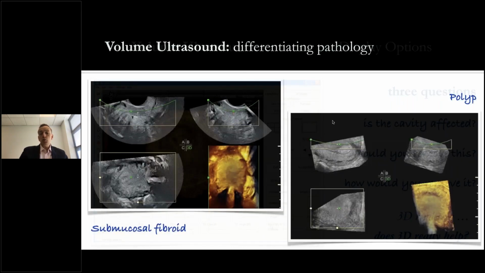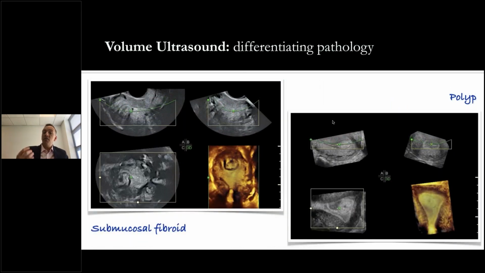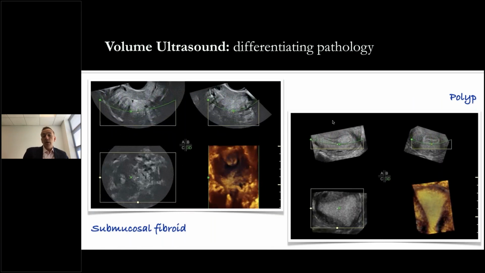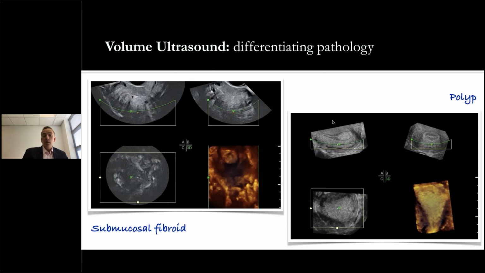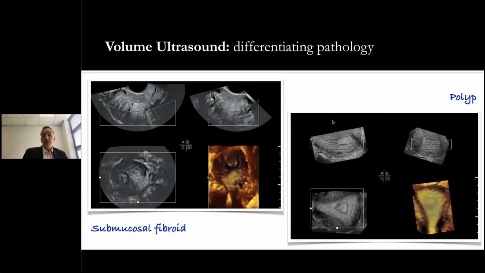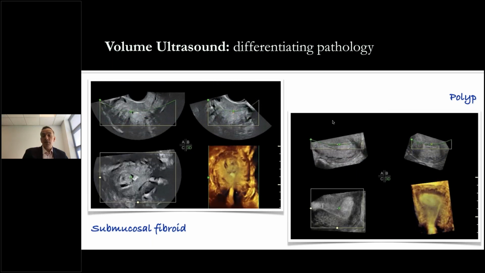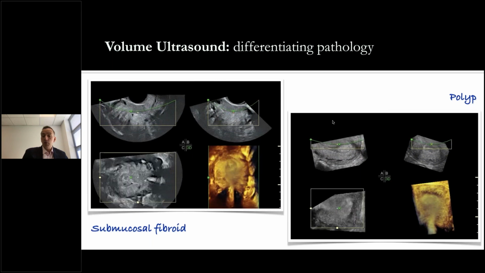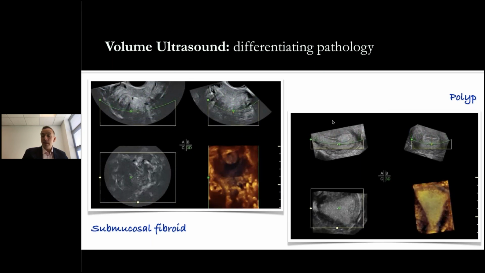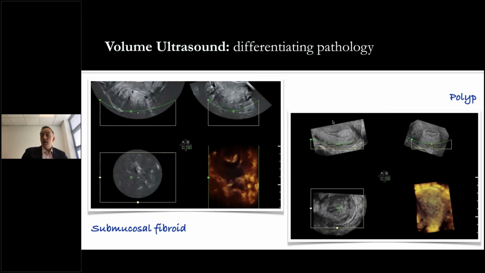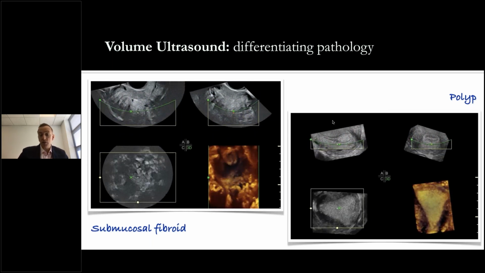The same applies to, as I said, differentiating fibroids and polyps. So again, if we look in here on the left-hand side, look at the density of the fibroid. It matches the myometrium. It's different to the endometrium. Whereas if we look at the polyp on the right-hand side, you can see again the tissue density is consistent with endometrial tissue rather than firmer, harder, smooth muscle tissue.